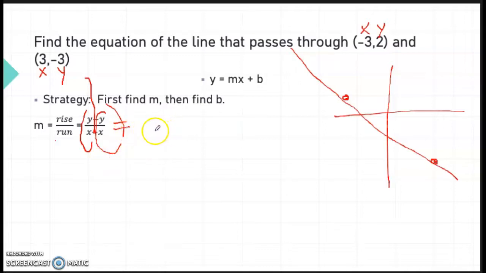So let's look at our points. I have -3 and I have 2 for my Y values. So I can choose either one to go first.